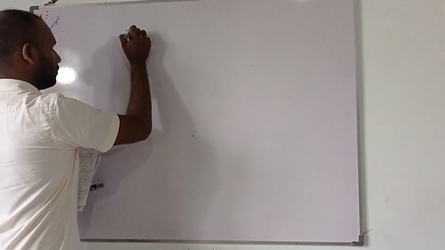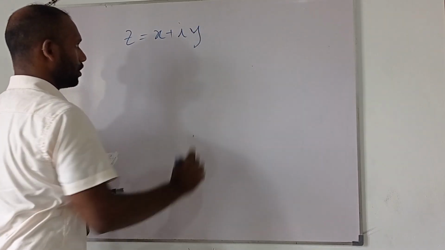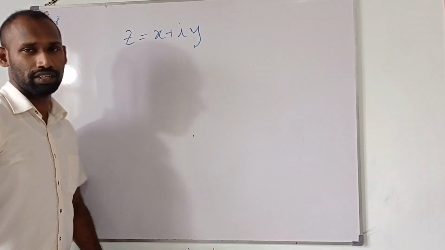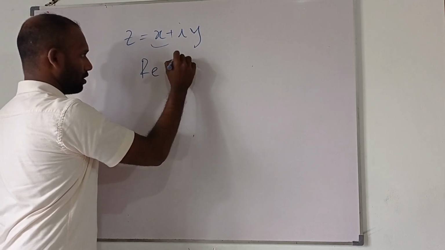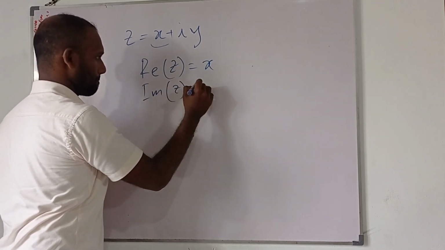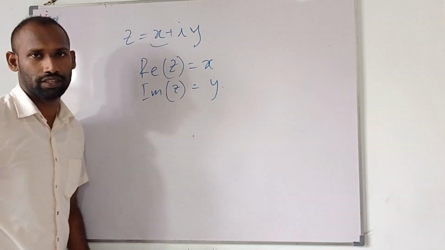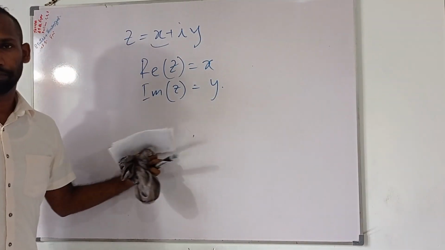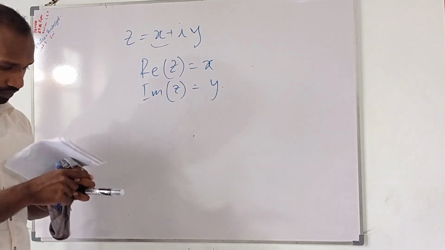So Z is any complex number. The real part of that complex number is x and the imaginary part of that complex number is y.